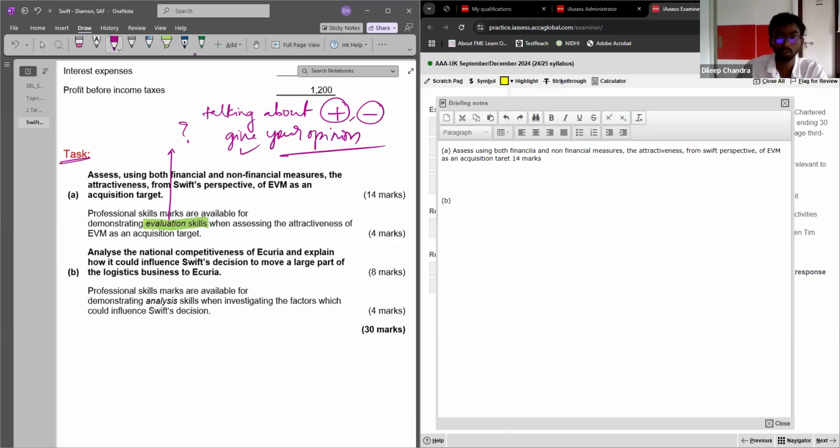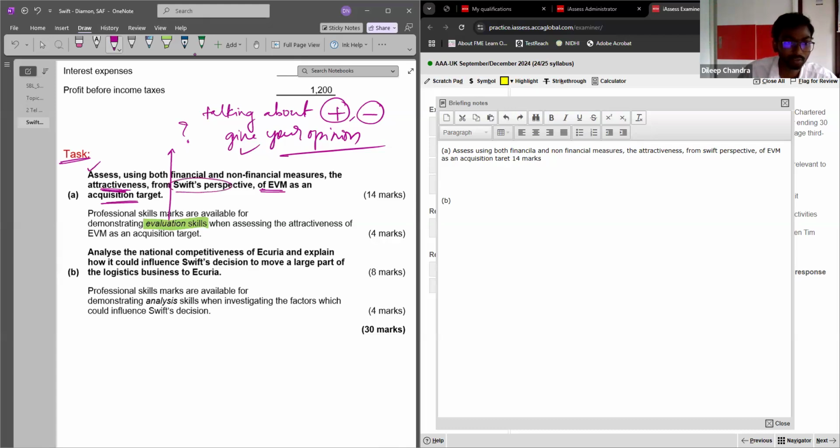Now we'll go through the task. The requirement is: assess using both financial and non-financial measures the attractiveness from Swift's perspective of EVM as an acquisition target. When I'm reading this question, even I got confused. Assess, okay, what do I have to assess? The attractiveness.